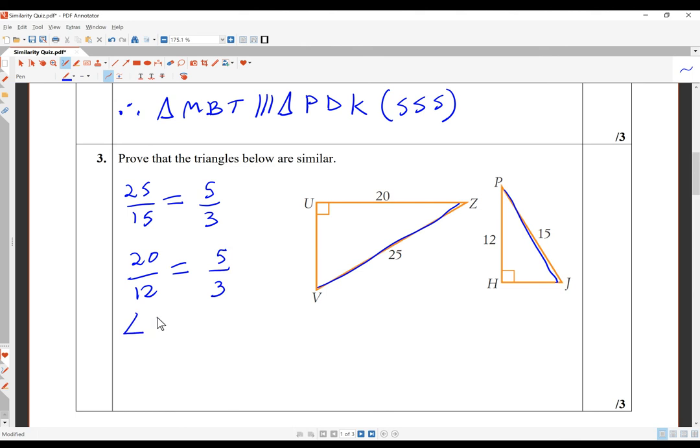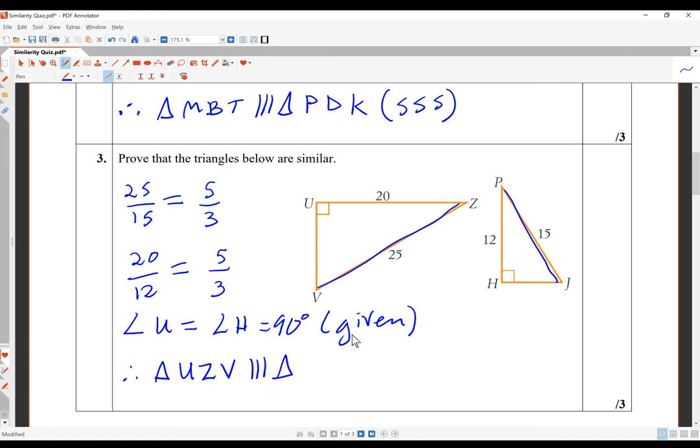We also have angle U is equal to angle H equals 90 degrees. And the reason for that is given. Okay. Therefore, triangle UZV is similar to triangle. Now let's get the angles right. If we have a look at the angle opposite the second longest side, we'll put a dot there.